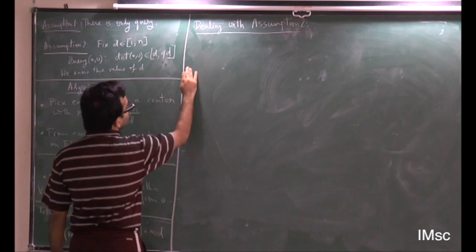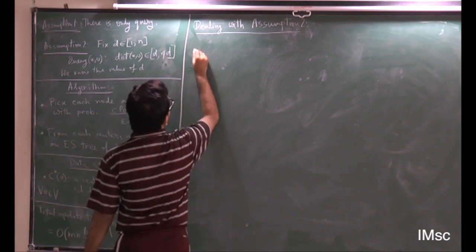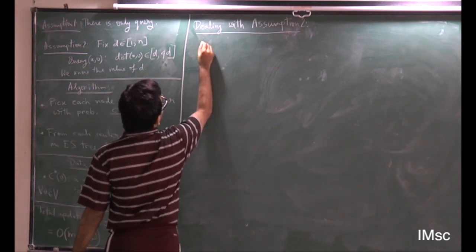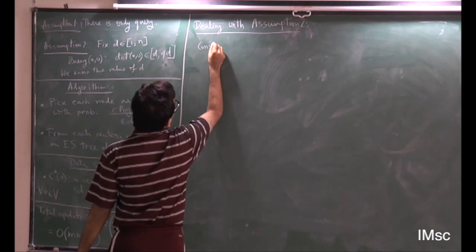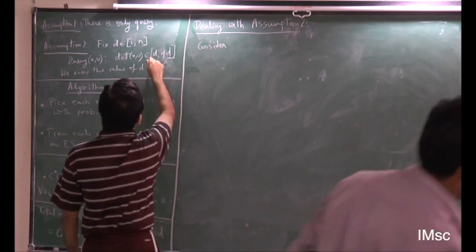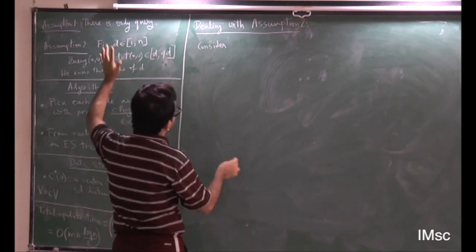What you do is, just discretize this range 1 to n into order log n groups.